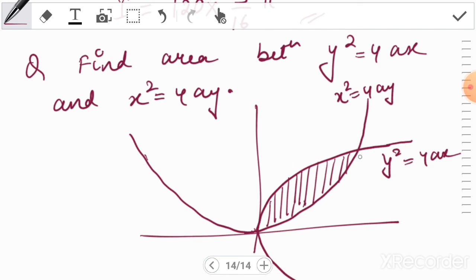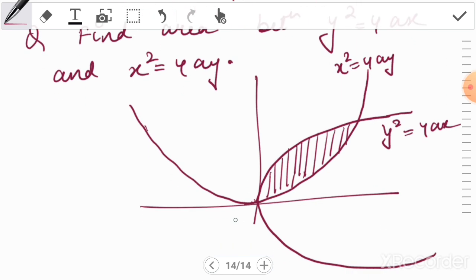These parabolas intersect at 0, 0 and, if you solve these two equations x square is equal to 4ay and y square is equal to 4ax, you will get the intersection point as 4a comma 4a.